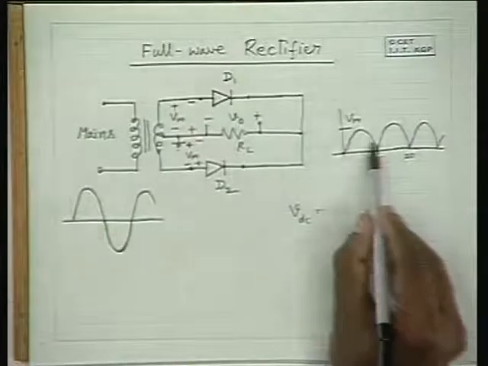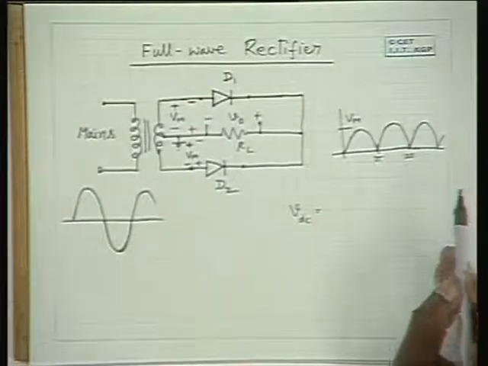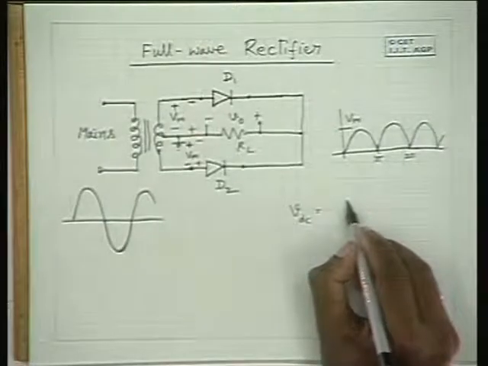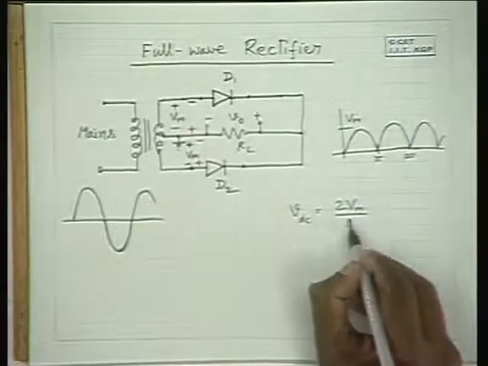So now the averaging is over the same area, averaged out over pi. Hence, you get the DC component as 2 Vm by pi instead of Vm by pi.